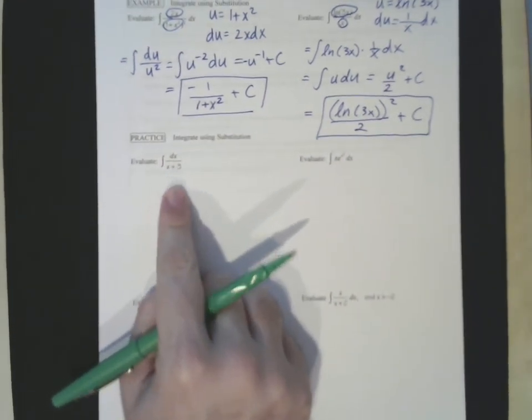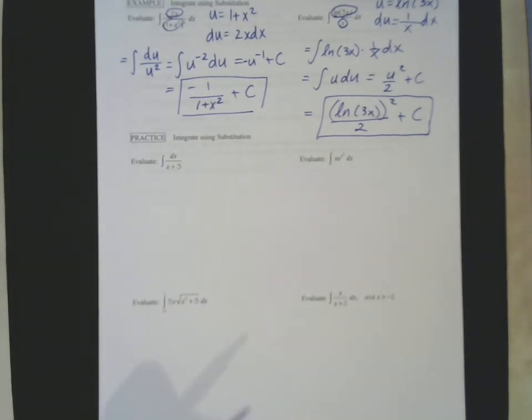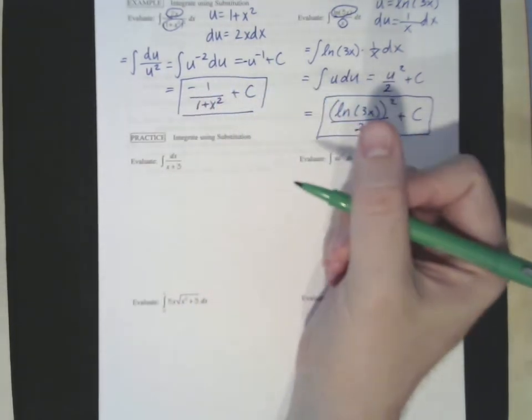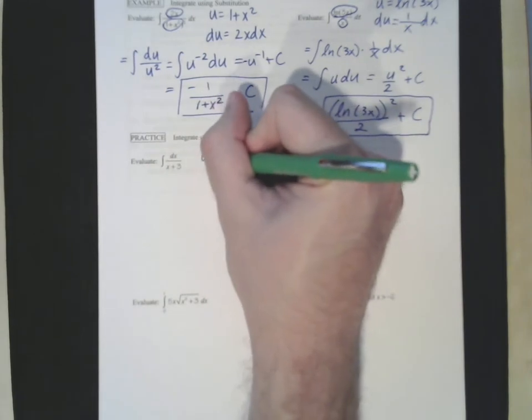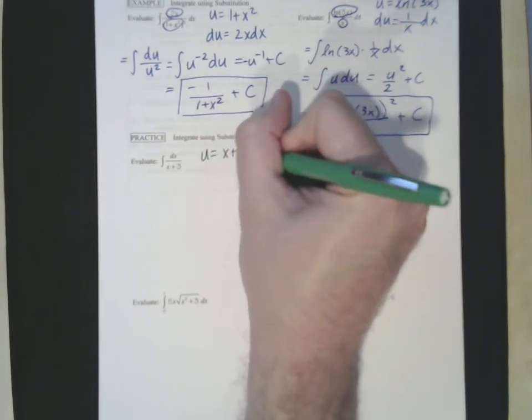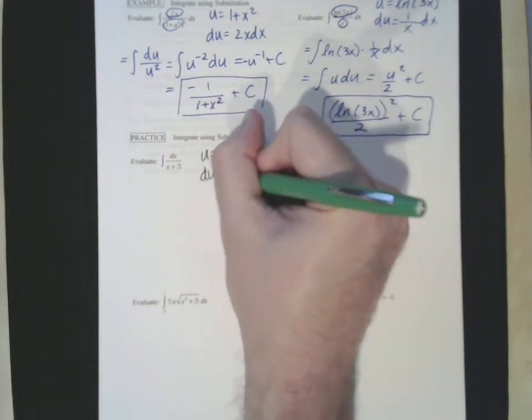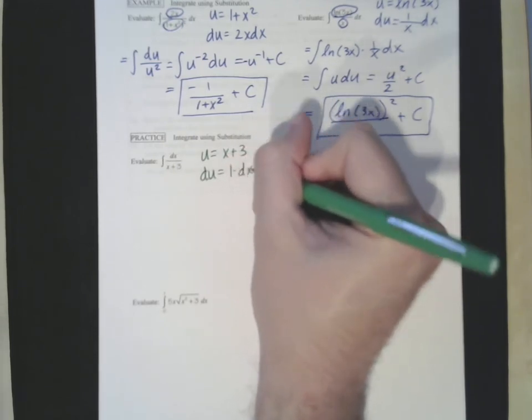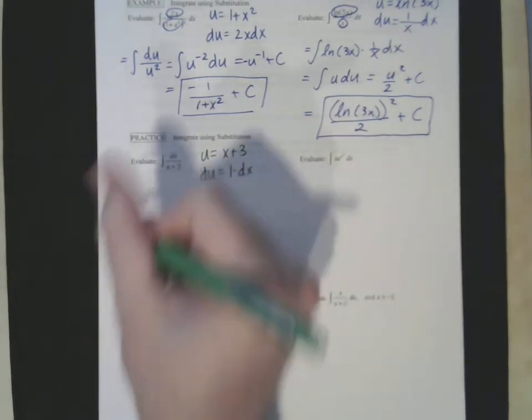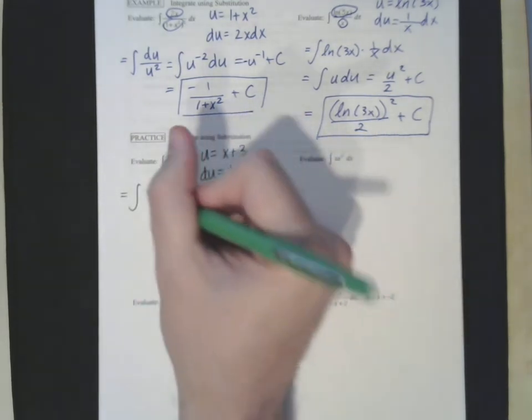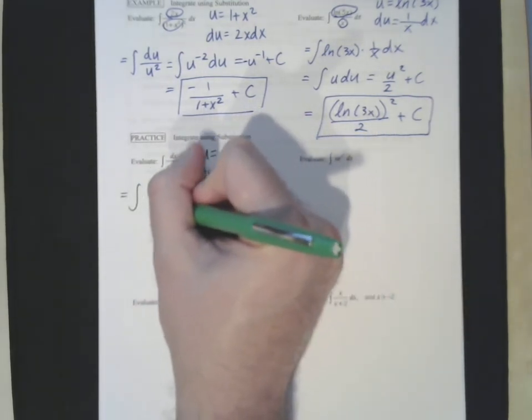So in this first one, we have the integral of dx over x plus 3. Since the only function I have is x plus 3, and du of that would be 1 times dx, and I do have 1 times dx, this becomes the integral of du over u.